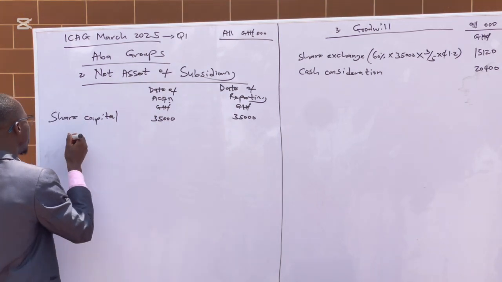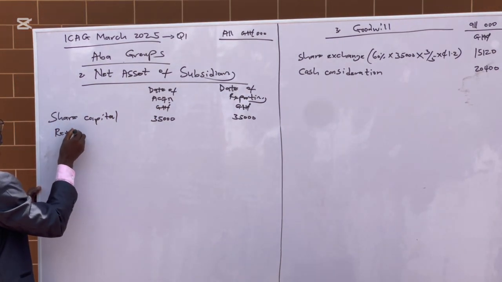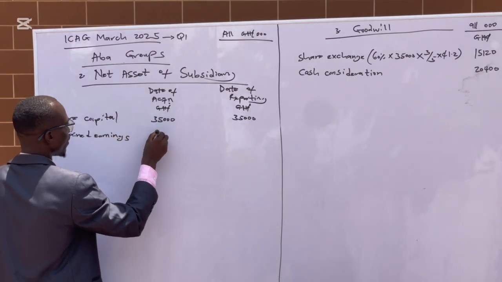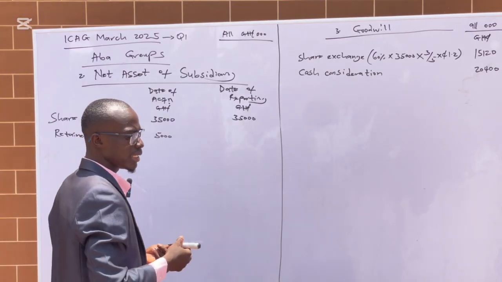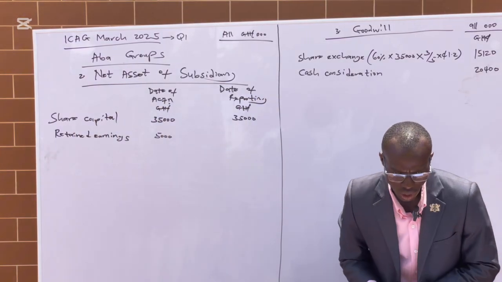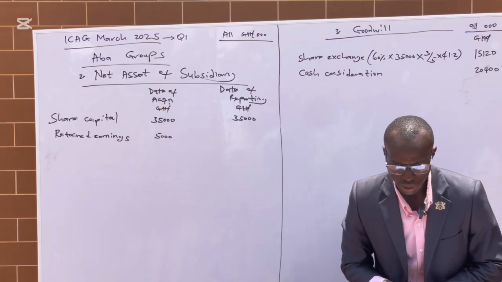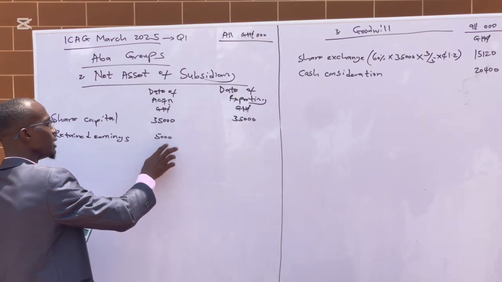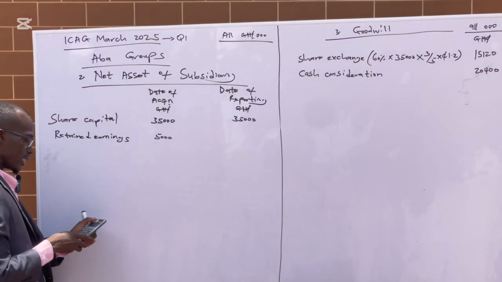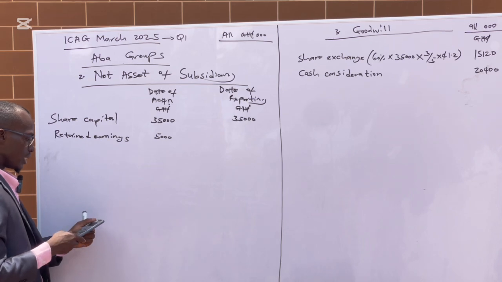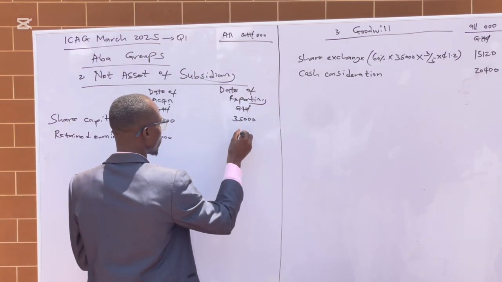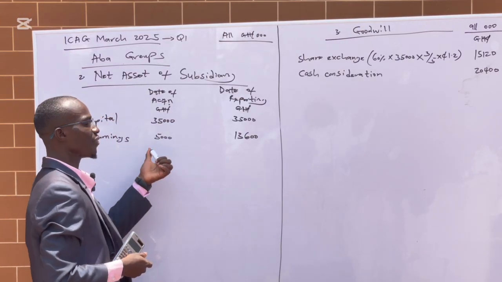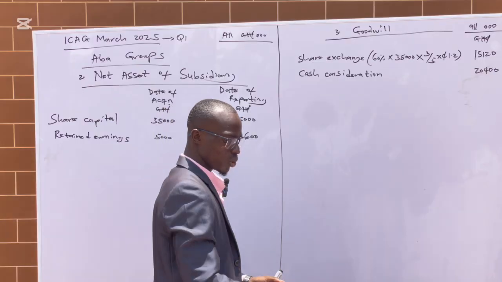The figure for 31st December 2024 is 8,600. So for you to get the closing one, you need to add the opening retained earnings to it. So 8,600 plus the 5,000 is giving us 13,600. This one will be our retained earnings at reporting, and the 5,000 will be at opening. So that's it for that.